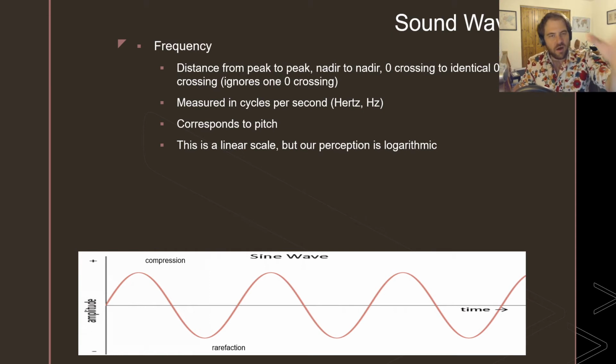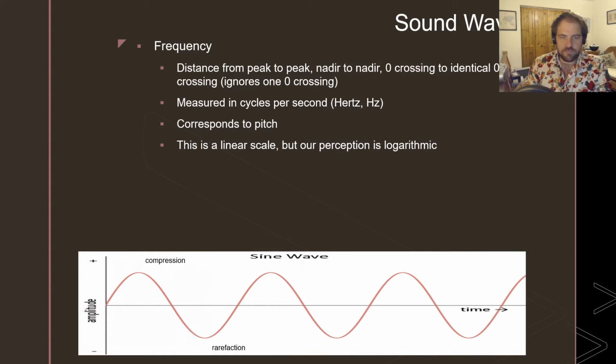Pitch is our perception of frequency, which usually goes hand in hand with what the frequency is, but it can change based on some other characteristics. We'll talk about that in a future video, but just know that pitch is our perception of frequency. They usually go parallel with each other, but some things can change that.